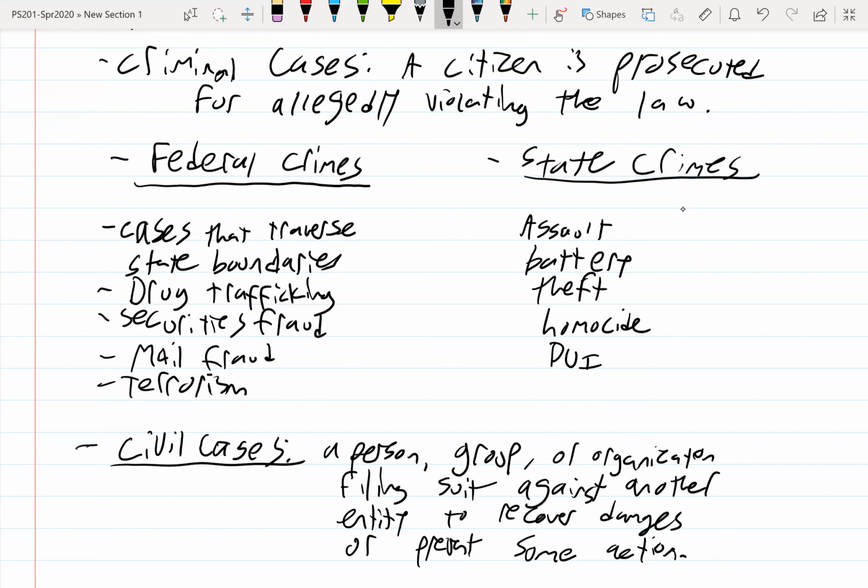Not to trivialize civil cases that involve recovery of monetary damages or anything like that, but for our purpose, we're most interested in the court's role in adjudicating actions by government. Whenever the government is doing something that a person or organization or group thinks is illegitimate, the courts are there to hear the argument and determine whether or not the action in question is actually allowable.